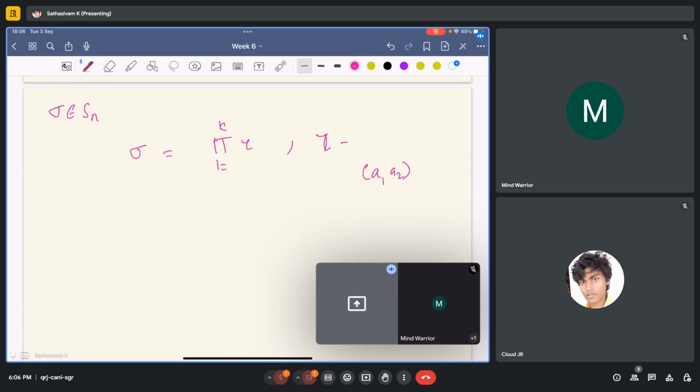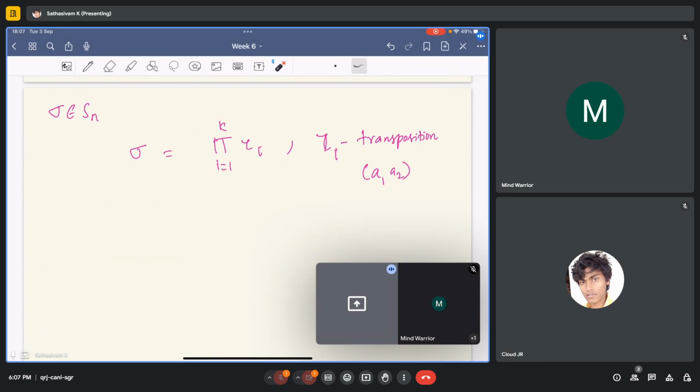Probably I have to write it properly. So what we have done is, if you have any permutation, you can write it in terms of transpositions. What we also observed is that this product is not unique.